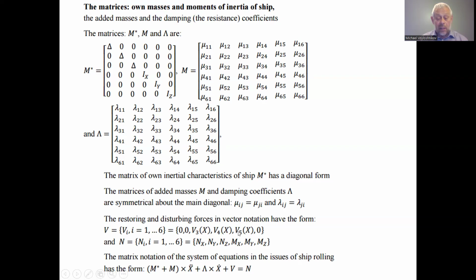These are the restoring forces, excuse me, returning the ship to the position of equilibrium.